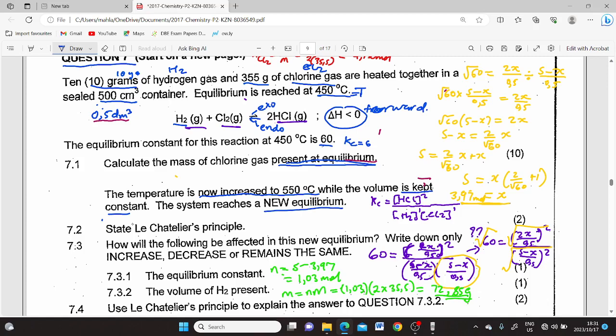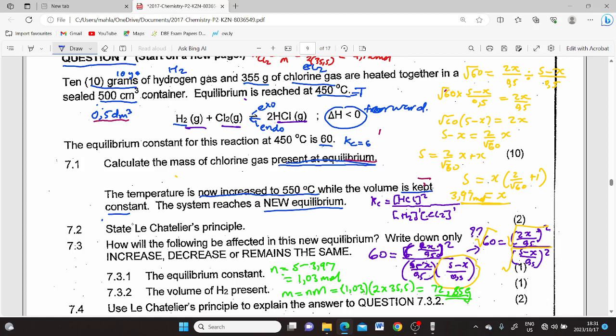Now it's just stating Le Chatelier's principle. It says when the equilibrium in a closed system is disturbed, the system will reinstate a new equilibrium by favoring the reaction that will oppose the disturbance. So after stating this, I think we need to apply it down there.